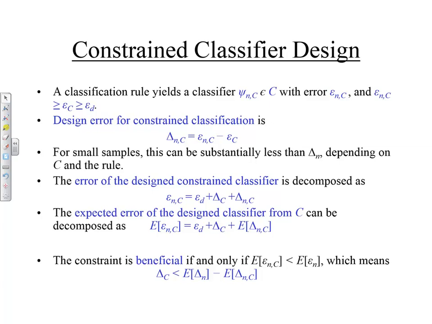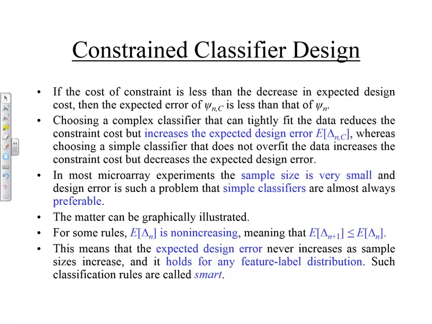It's just a question of the math. Put in the terms on both sides, cancel things out, and you'll get this relationship. We can show that quite easily in a picture, I'll do that in a few slides. So if the cost of constraint is less than the decrease in expected design cost, then the expected error of psi n c is less than that of psi n.